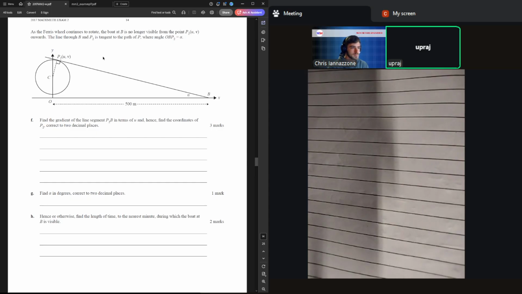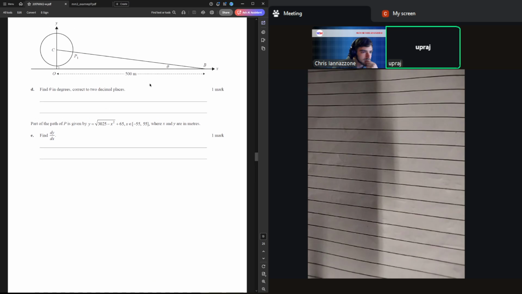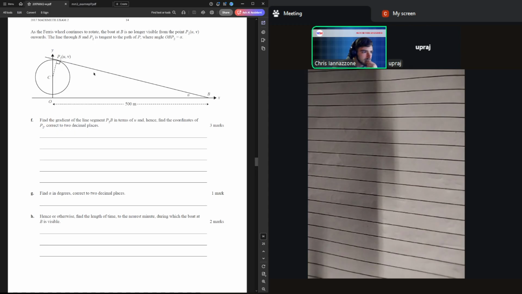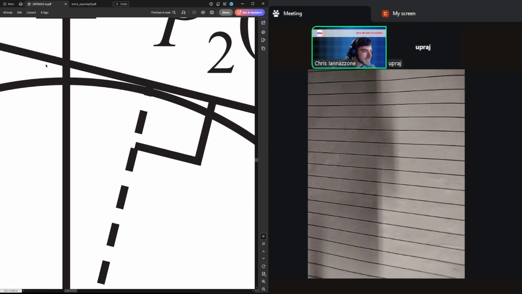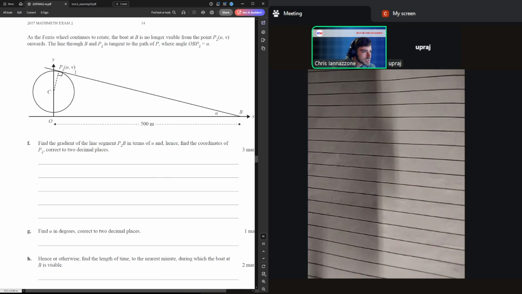Is it angle A? Well, that's a different angle, right? Because we had theta before, that was a shallower thing. We had angle alpha, which is a steeper one. We don't really have that same trick available to us, at least yet, because this opposite side of the triangle isn't known, or at least not fully known. We can get up to C, we could even get up to the top of the circle, but that line does go above the location of the circle.